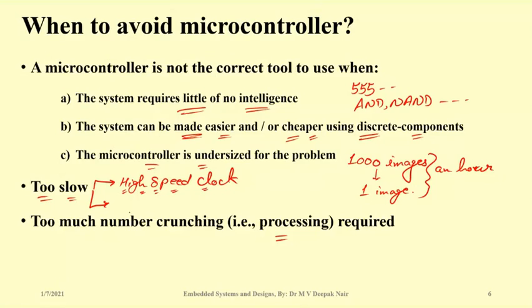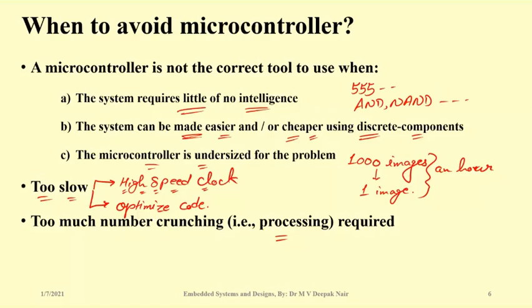Second option is either you use a high speed clock, or you optimize your code. Optimizing the code means you can make it smaller, you can optimize the algorithms and so on. There are multiple approaches by which you can optimize the code.